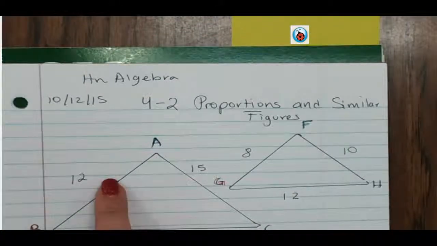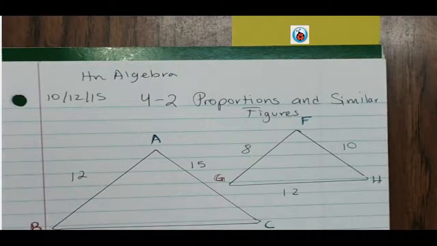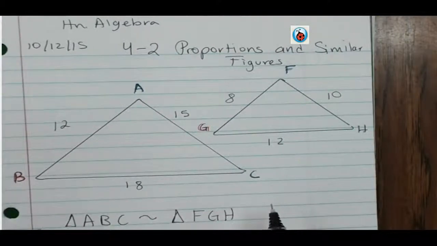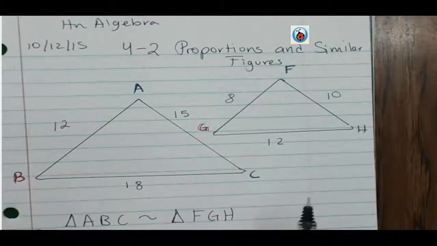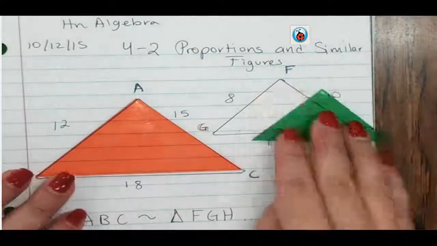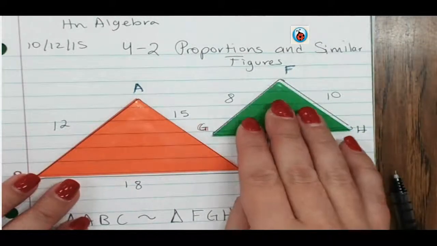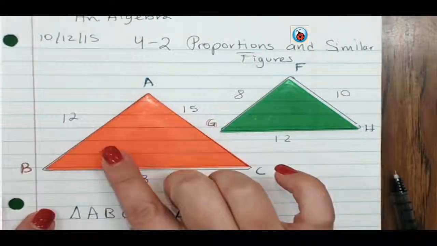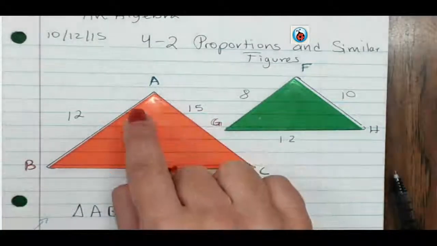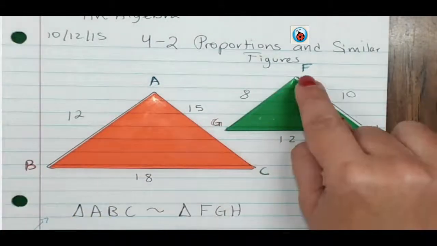We have the big triangle to the small triangle, or we can say figure 1 to figure 2. So if we create a proportion of the corresponding sides, we have side AB corresponds to side FG. Side AB corresponds to side FG.